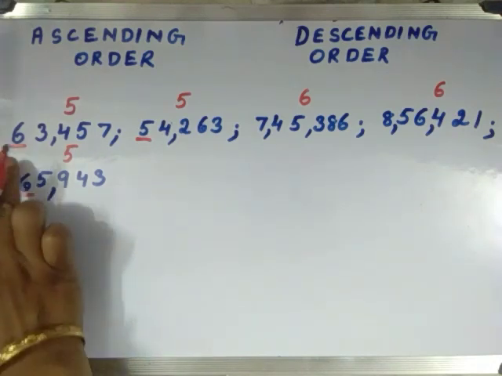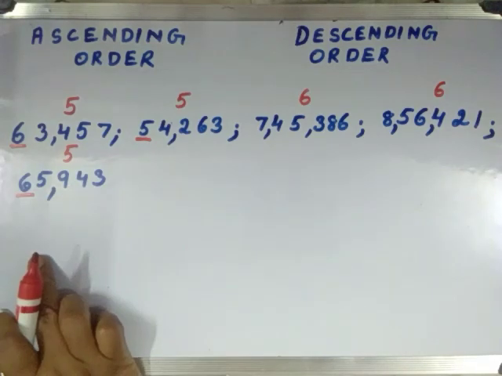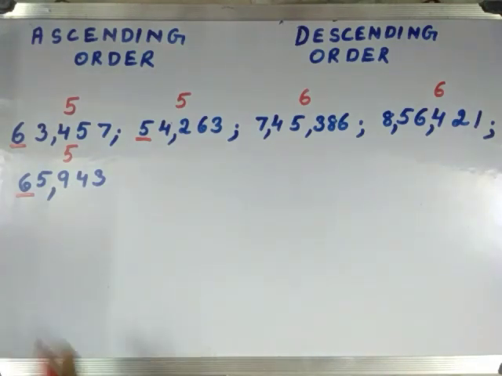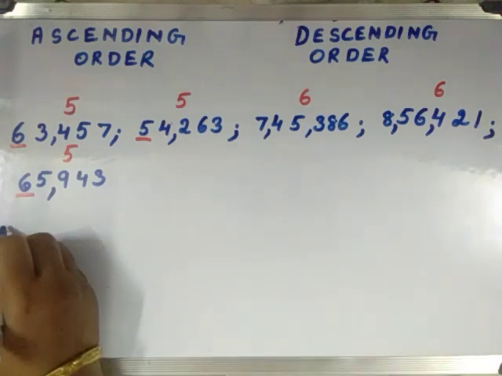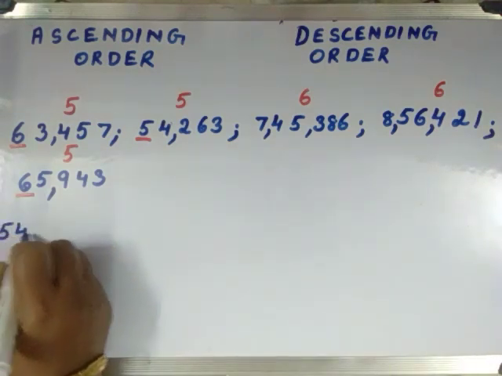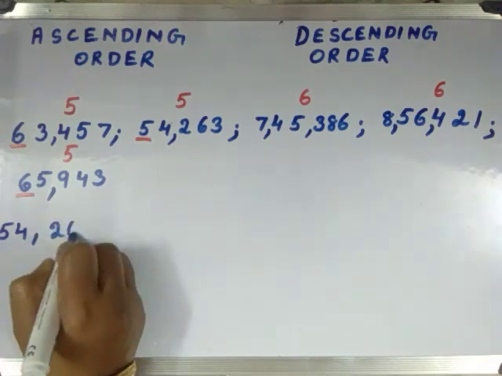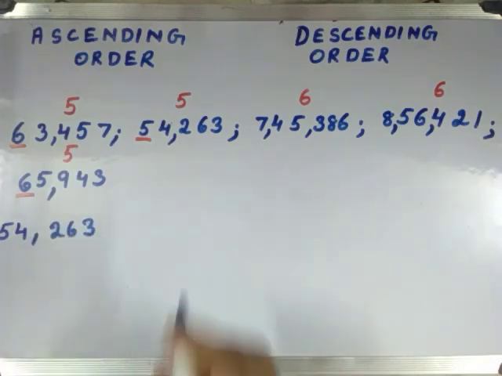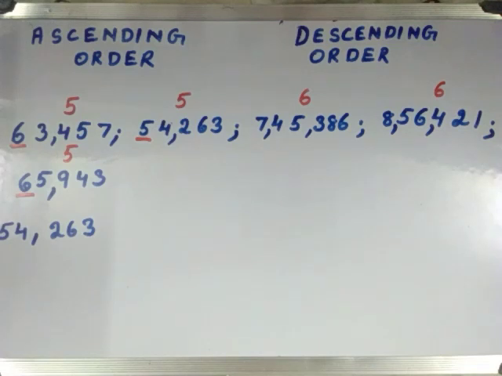So, 6 is smaller or 5 is smaller? 5 is the smaller number compared to 6. So we write 54,263 as the first number.